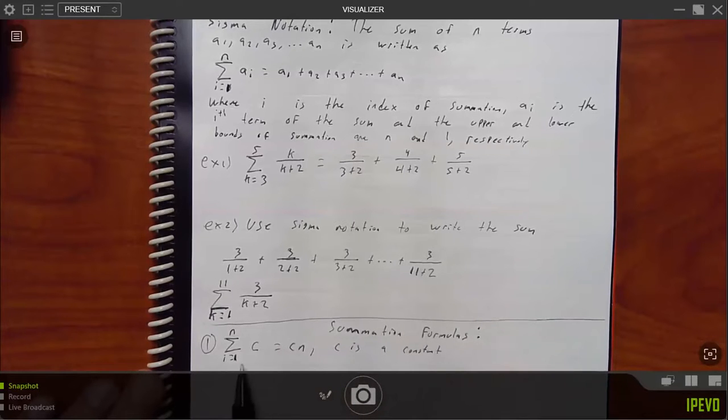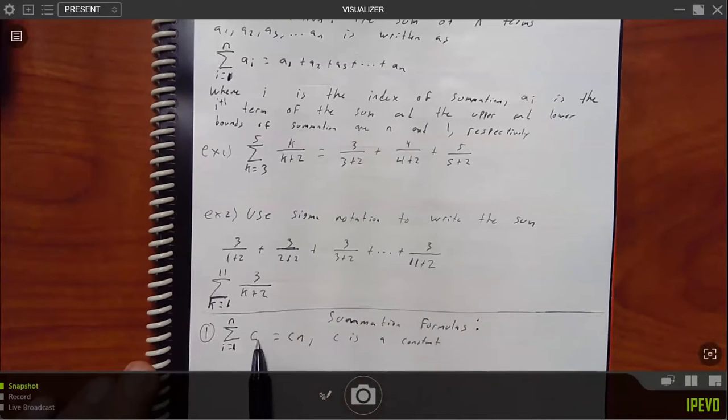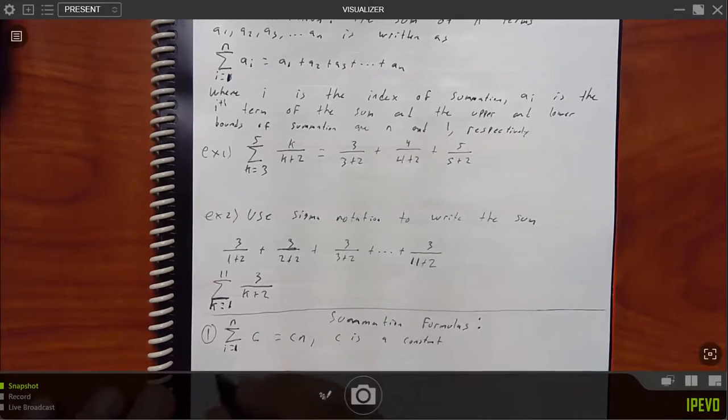So for example, if the number is 2, this would be equal to 2n. If n was 50 and you were adding the number 2, 50 times, that'd be 2 times 50. That's what this formula is telling you.